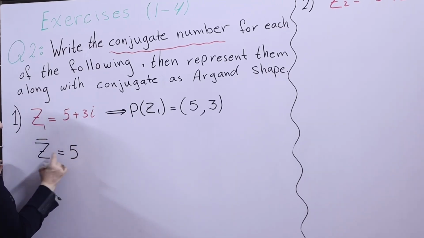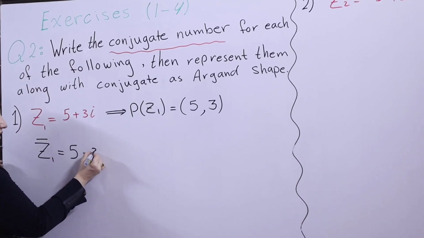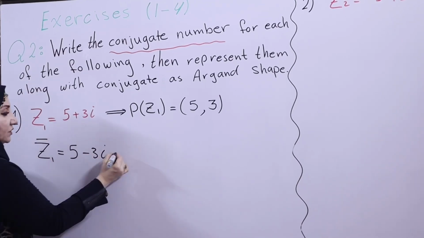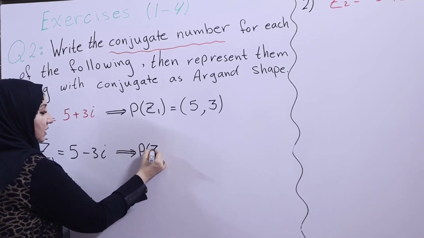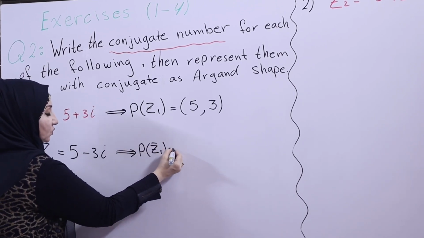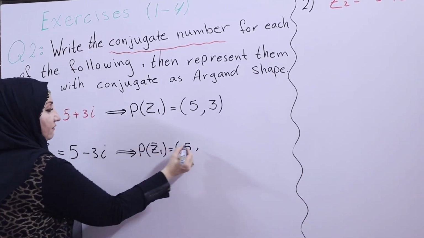So the conjugate of Z1 will be 5 minus 3i. So that means the point which represents the conjugate of Z1 will be (5, negative 3).